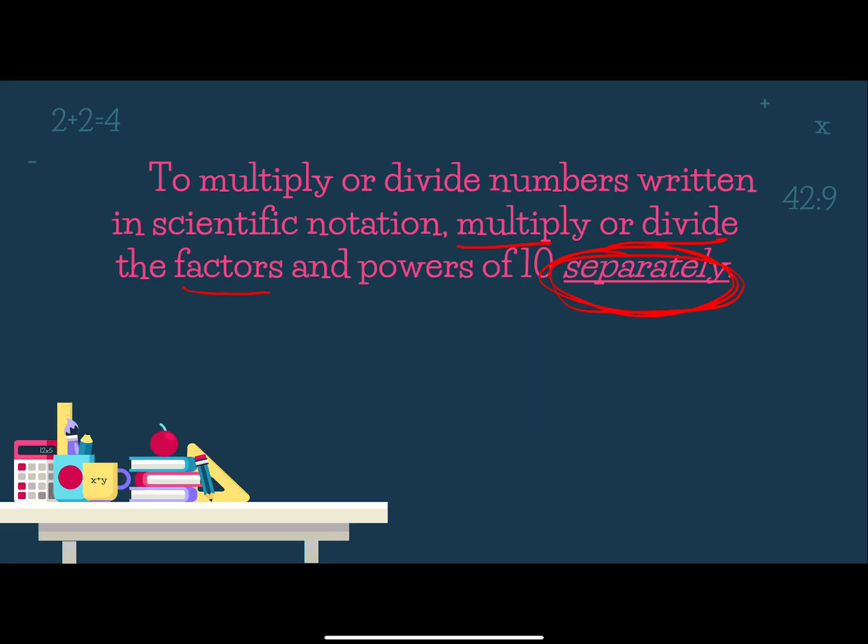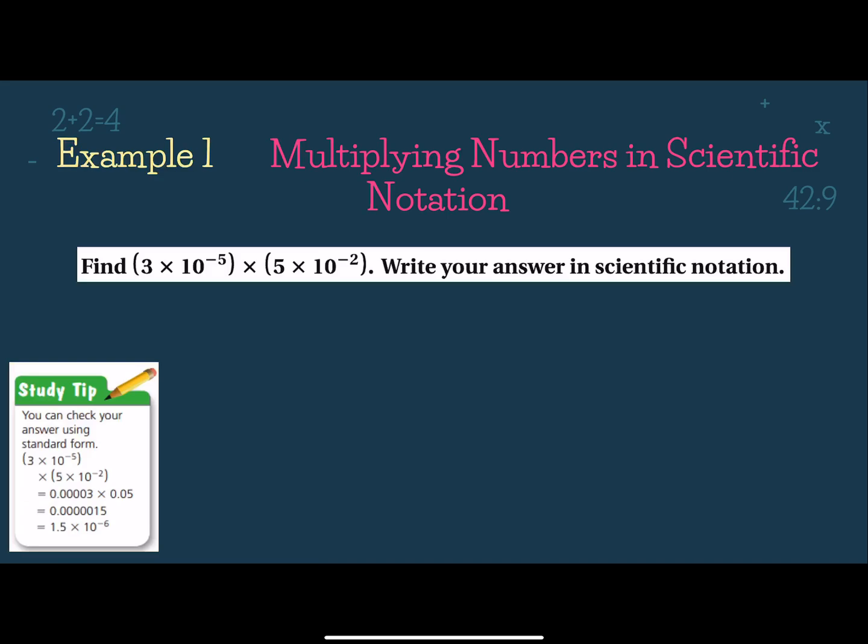Okay, I'm going to circle that word separately. So let's look at one of these. It says find 3 times 10 to the negative 5th times 5 times 10 to the negative 2. So I am multiplying 3 times 10 to the negative 5th and 5 times 10 to the negative 2.